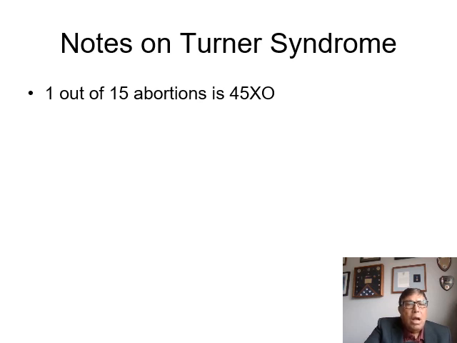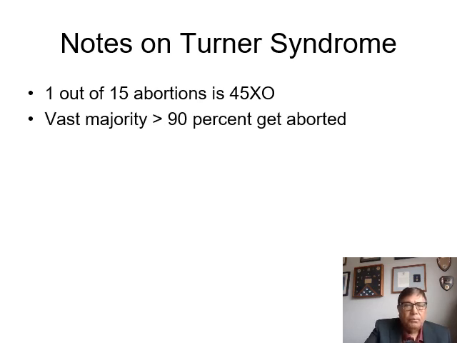In a big university hospital, if you do the karyotype on abortions, 1 out of 15 will be Turner syndrome, 45,XO. Therefore, the vast majority of Turner syndrome get aborted. What we see is about 10%, just the tip of the iceberg. So the vast majority of Turner syndrome get aborted.